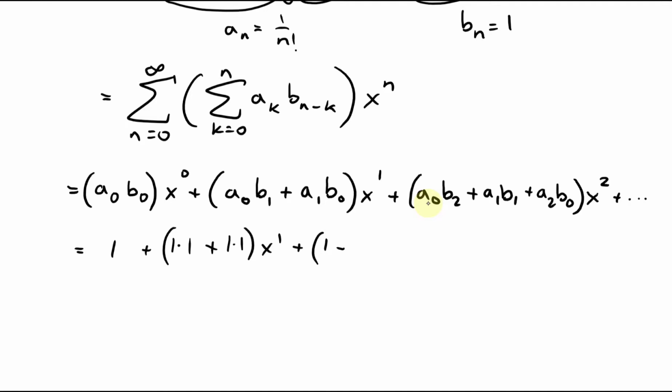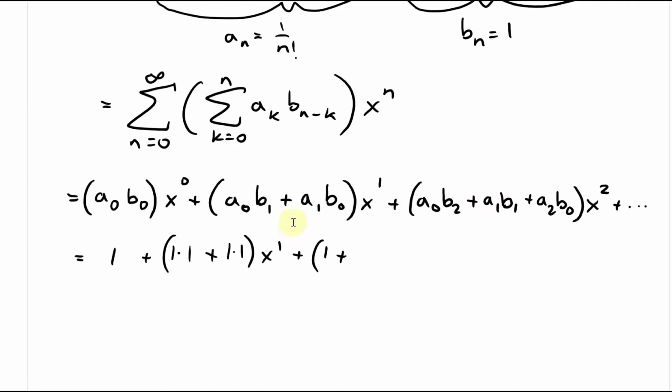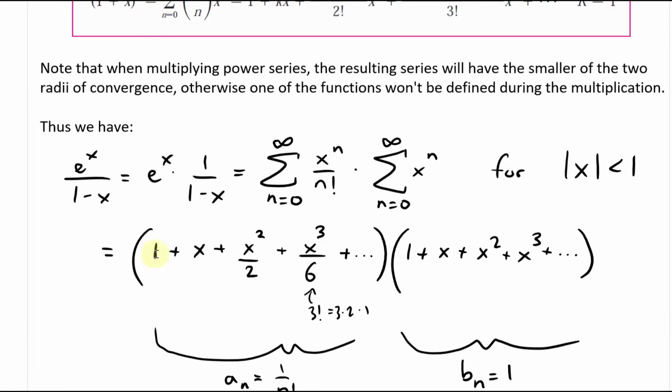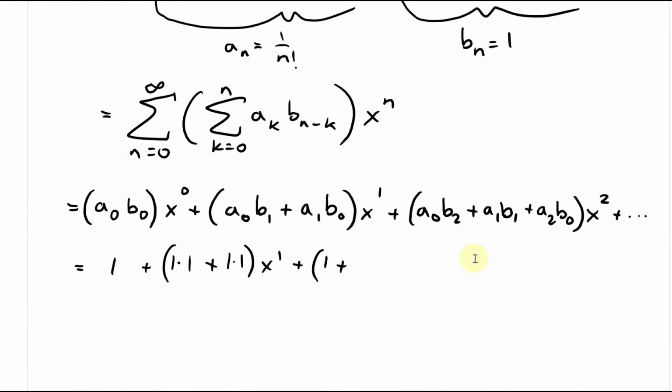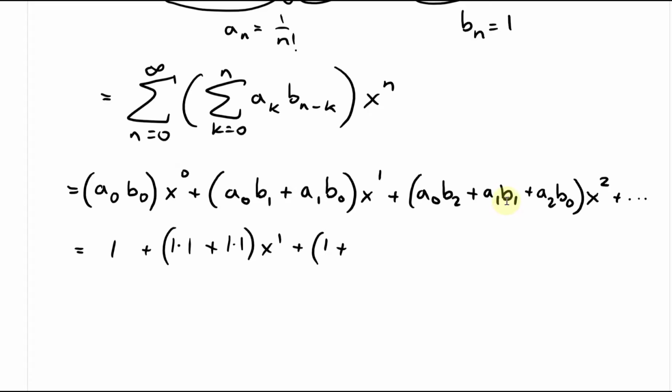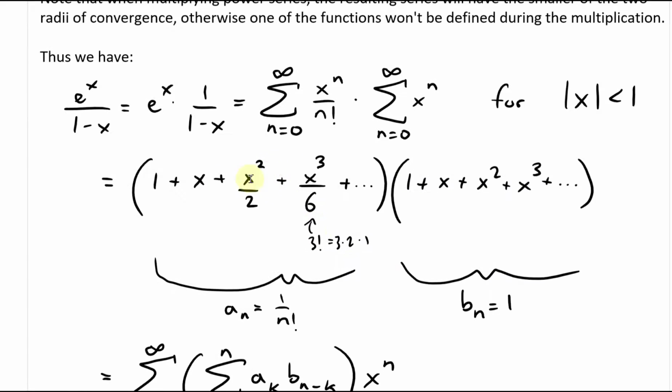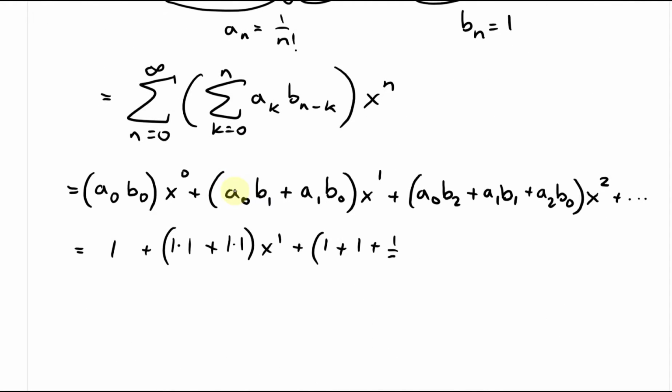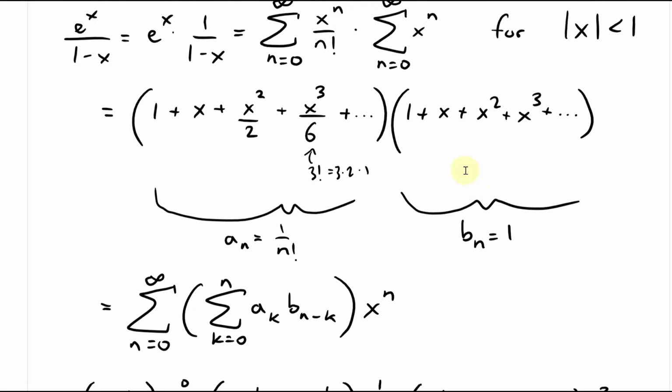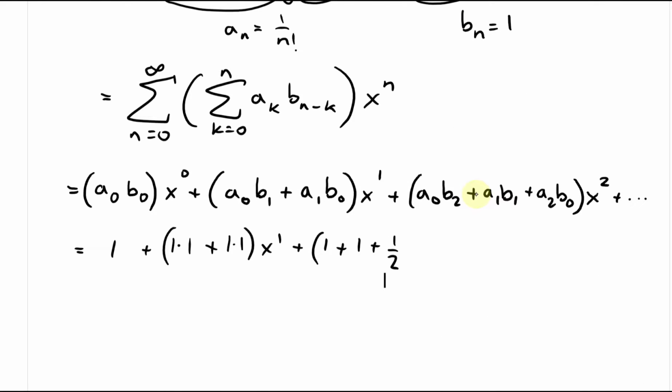And then plus a1 is 1. So a0 is 1, a1 is 1, and b is always 1. So this can be 1 plus a2 is 1 over 2. And then b0 is a number, it's always 1. So that's always 1. This is going to be 1 plus 1 plus 1 half. That's the x2.